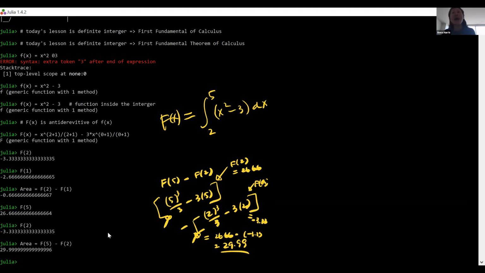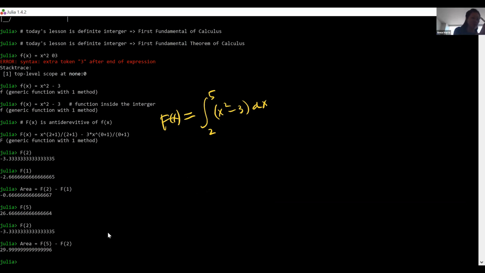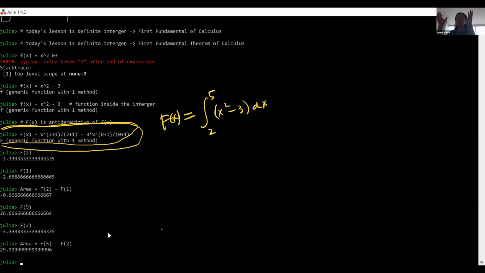So I highly recommend you guys use Julia for your work, because once you find your antiderivative, you don't have to do much work. The evaluation part, you don't have to do it. Let Julia do it for you.